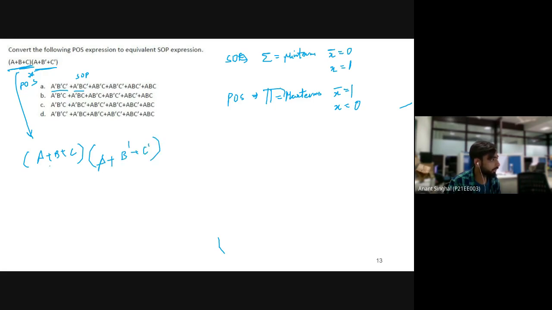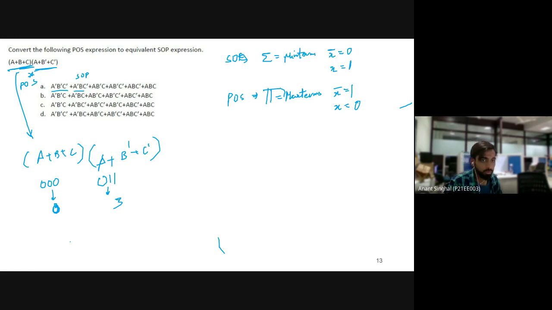I said that a normal term denotes 0, so this is 0, 0, 0, and this is 0, 1, 1. So this is nothing but 0, and this is 3. Did you get this part? Please respond.